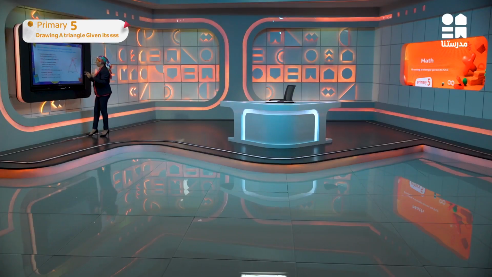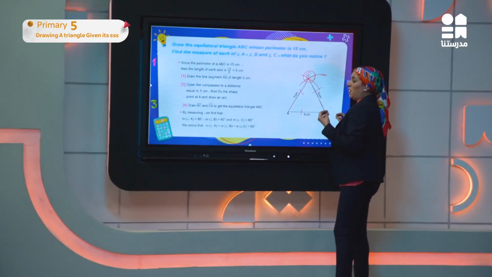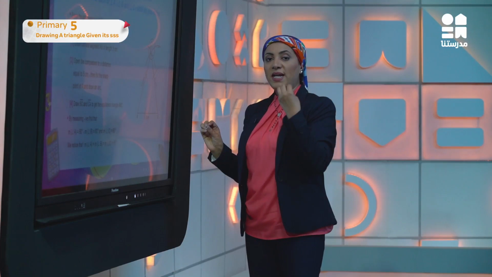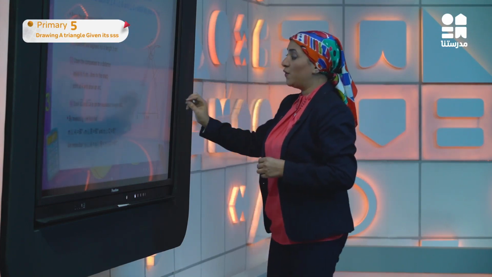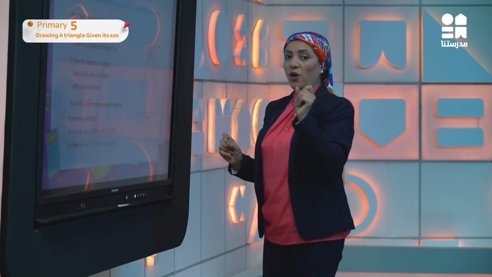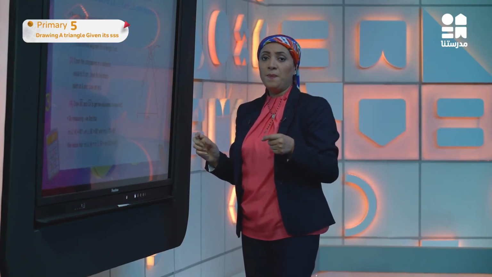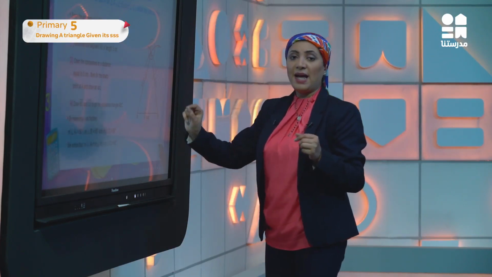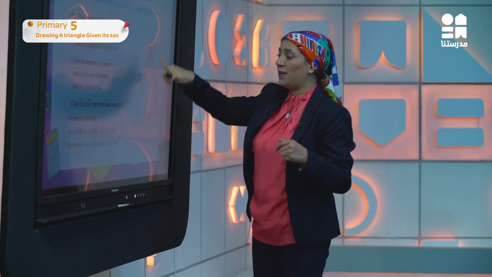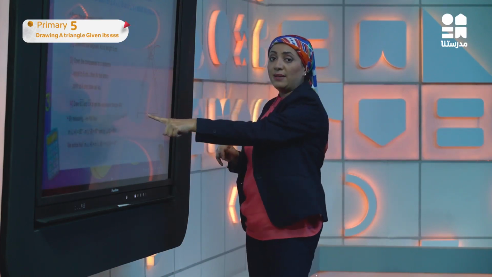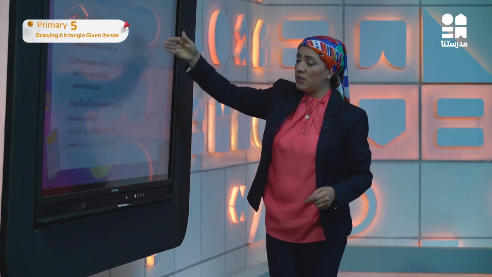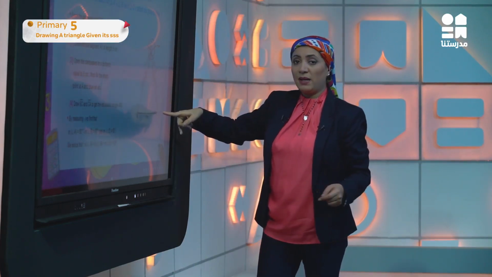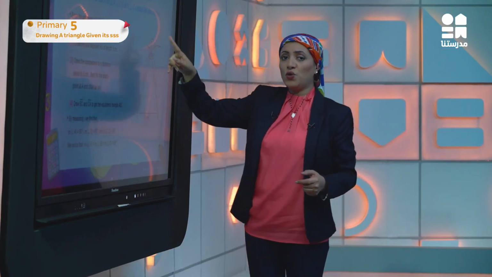Another important thing to know is that when I draw a triangle using its three sides, I have to use the compass. I open the compass on the ruler according to the side length I will draw, and I put the sharp point at the point where I start drawing the side. So for side AC the sharp point must be at A, and for side BC the sharp point must be at point B. I draw the two arcs.